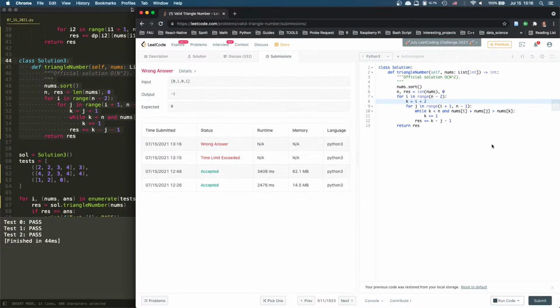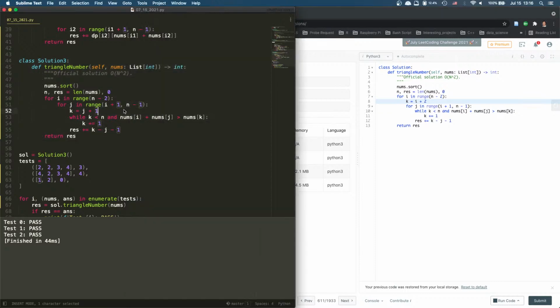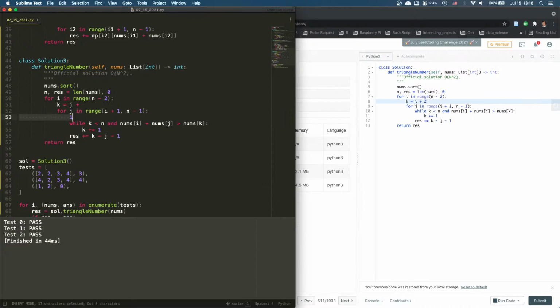Now a wrong answer. Output -1. What the hell? So I saw the trick that they're doing. I want to know why.